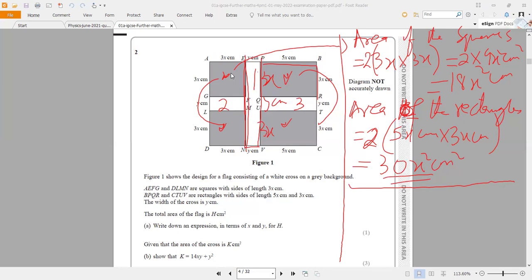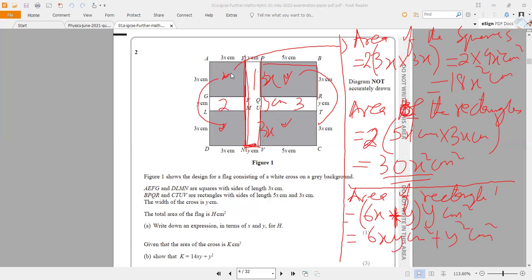So area of rectangle 1 equals 3x plus 3x is 6x, times 6x plus y, then times the width, which is y as well, centimeters squared. So we have 6xy plus y squared centimeters squared. So good.